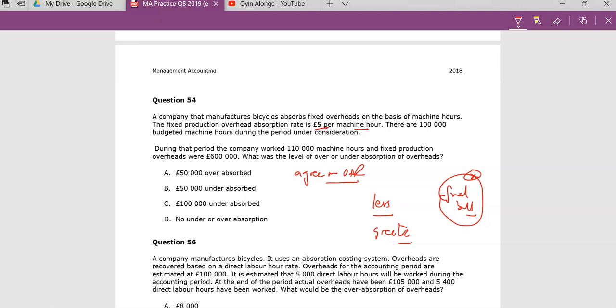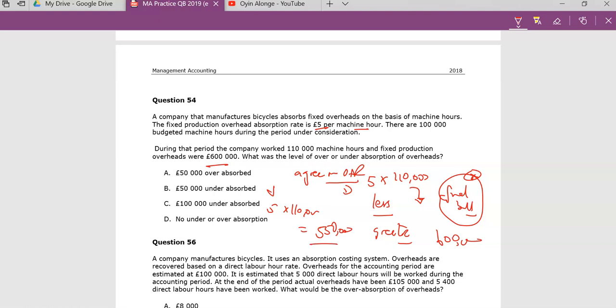Through the period we have 110,000 machine hours go into the accounts, and you're putting in each at £5. So as you're doing your journaling from January to December, you put in £5 for each of those hours, and in the end you get to 550,000. The bill now arrives and it tells you your bill is actually for 600,000. So you haven't put in enough.